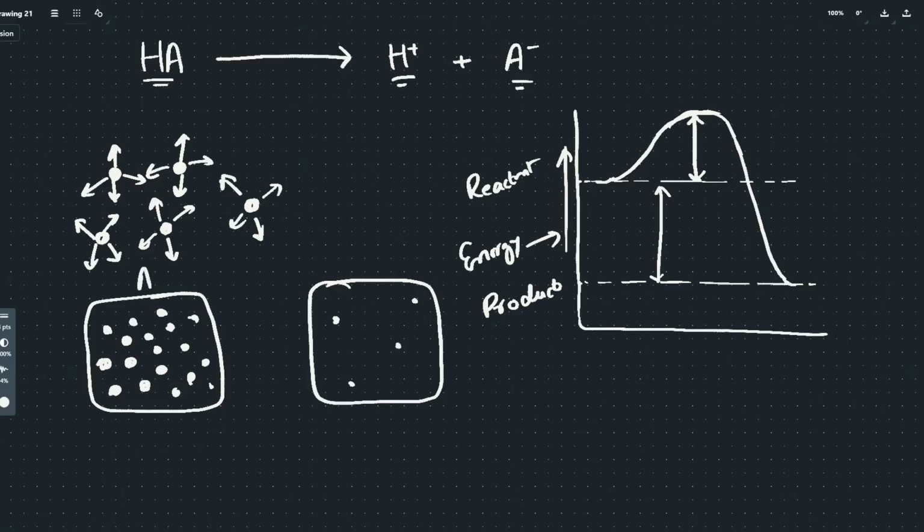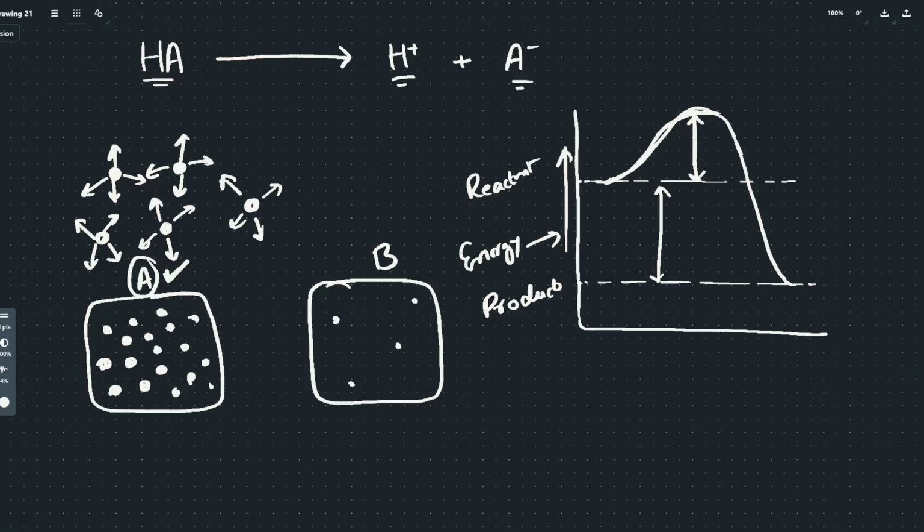This is, let's say, container A, and this is container B. I hope your answer would be container A, this one. Because here the concentration of reactants is higher, there will be more collisions. It means more of the reactants will quickly cross this barrier. They will reach the activation energy, and it means that more products will be formed.